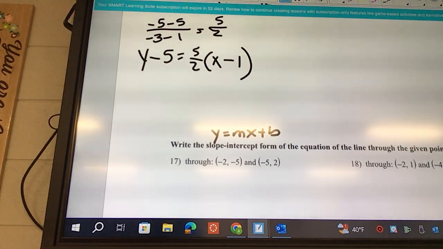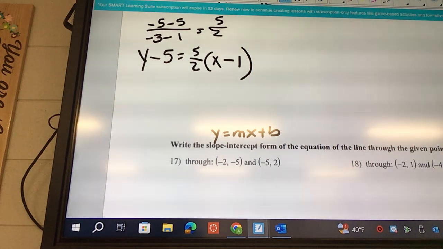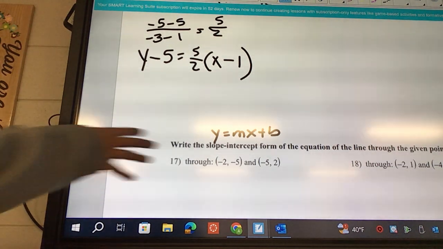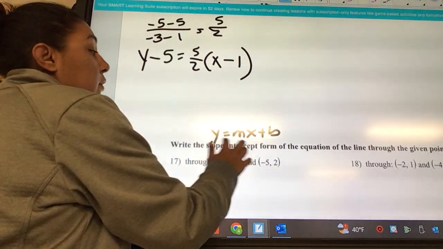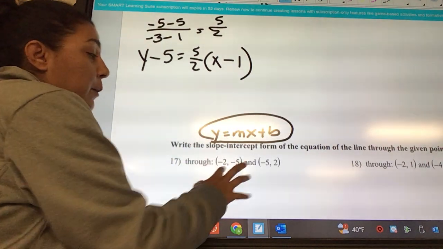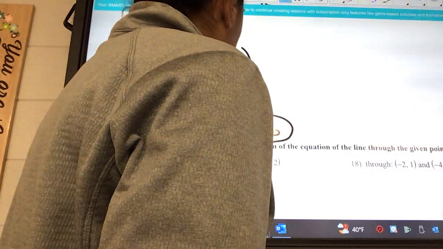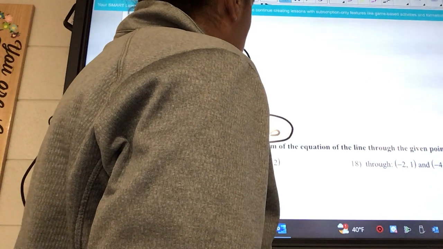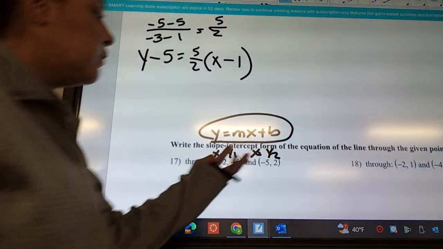Do the slope, then put it in point slope, and then we're gonna distribute and get it in slope-intercept form. Out of all the problems, this one is by far the hardest. It's just got the most steps, so the most work. This is what we need our answer to look like when we're finished, but this is what we have. So that's what we're given.